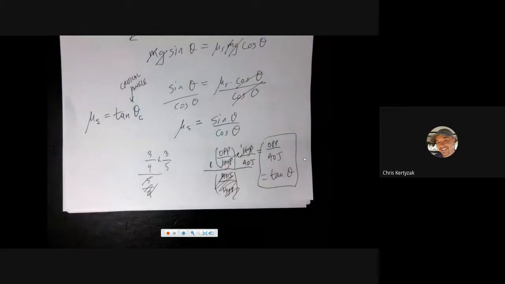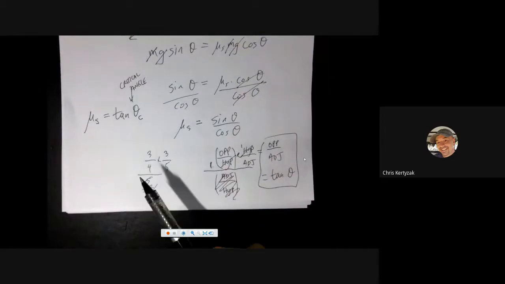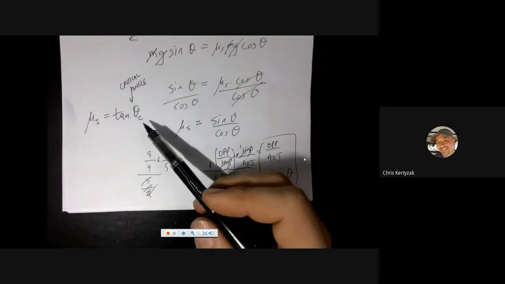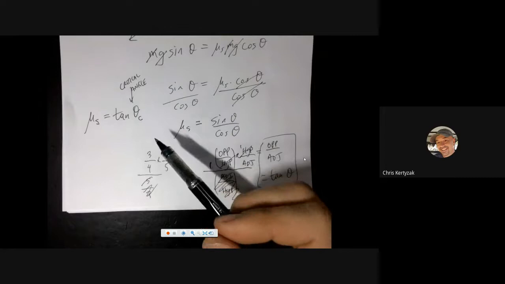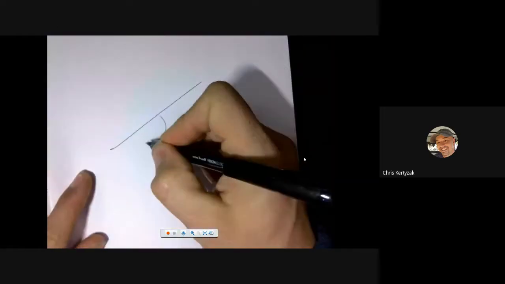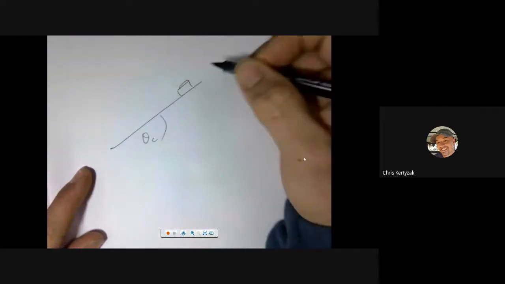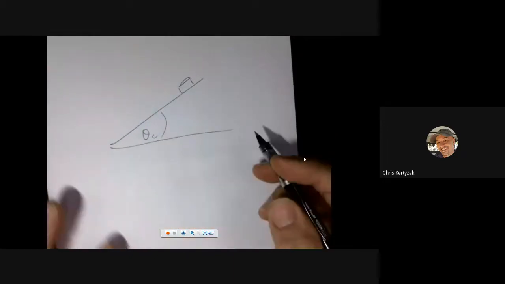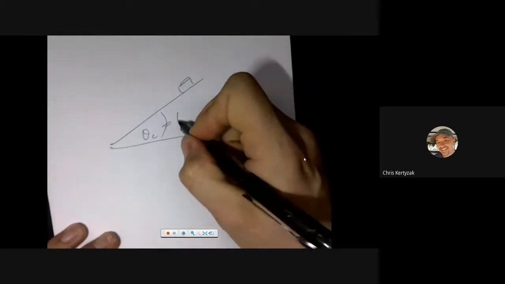Why is this useful? Because if you did this experiment and you found that exact angle right where it was about to slip, you could just measure it with a protractor. Let's say we go like this. We see it just about to slip, but not quite. And we measure this to be, I don't know, 60 degrees.